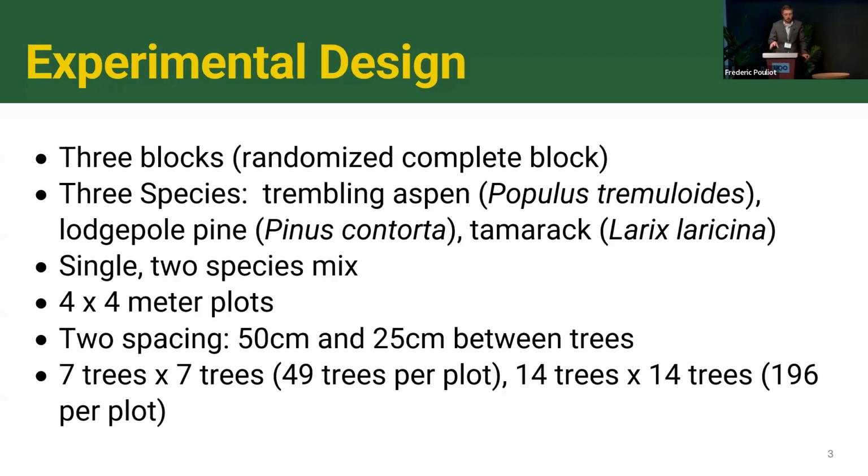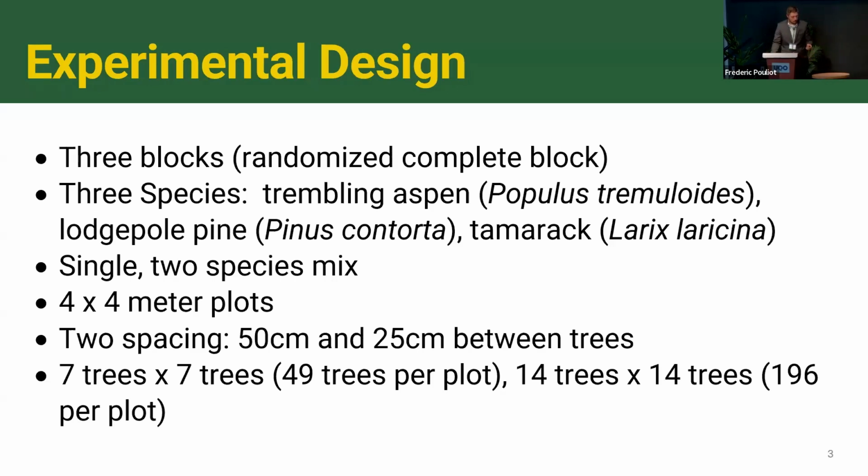Inside each of those species, there are crosses and singles at two different spacings, 25 centimeter and 50 centimeter. For you who don't know, that's like this. They're planted in 3 by 3 meter squares, so that's about 200 trees, ultra high density groupings.